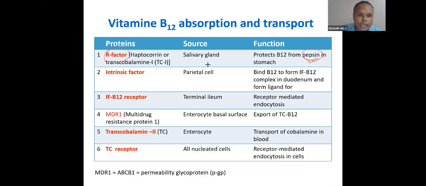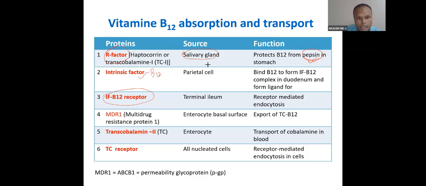This R factor is released from the salivary gland. And then in the stomach, the intrinsic factor is released. R factor will be destroyed, and then the parietal intrinsic factor will bind to this vitamin B12 in the intestine. It is secreted here in the stomach, and it will bind in the intestine with this.